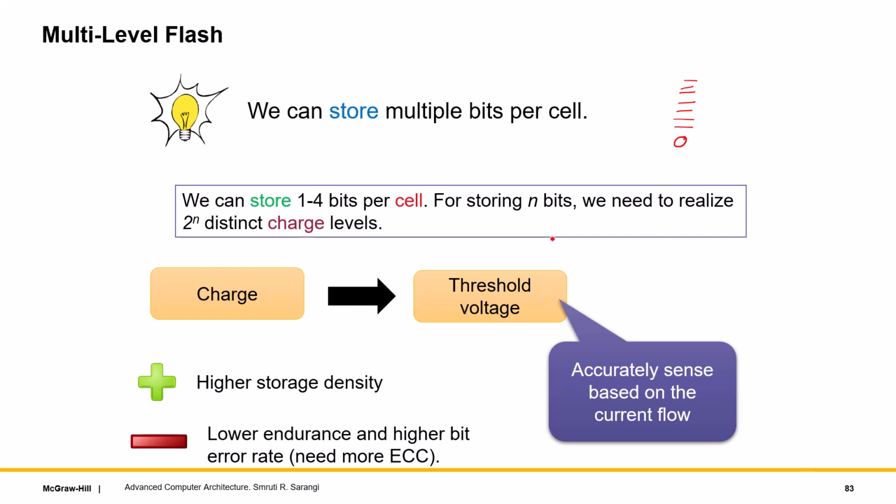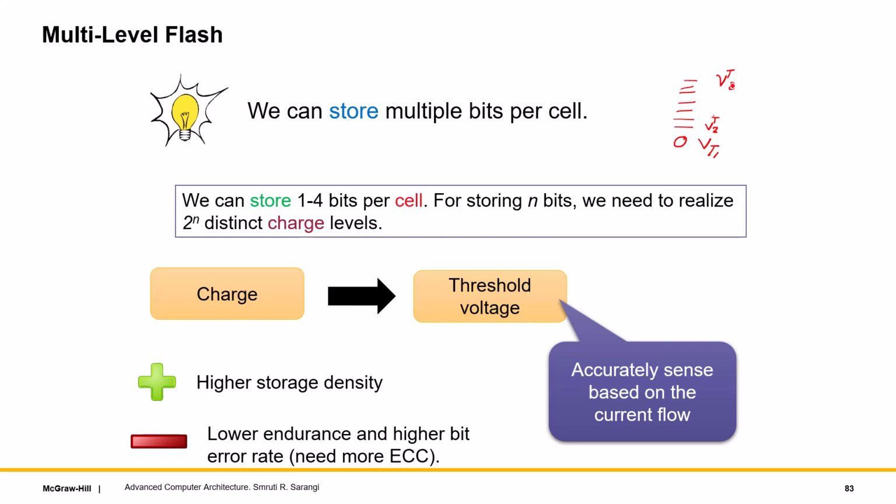So in this case, of course, we need far more fine grained charge storage and a way of exactly detecting how much charge is stored. So if there are, let's say, 8 distinct concentrations of charge, there would be 8 different threshold voltages associated with them, VT1, VT2 to VT8.